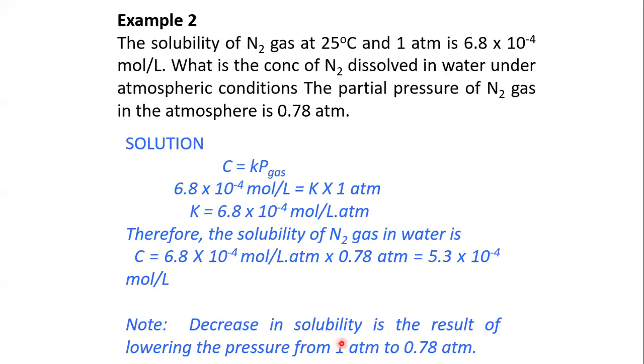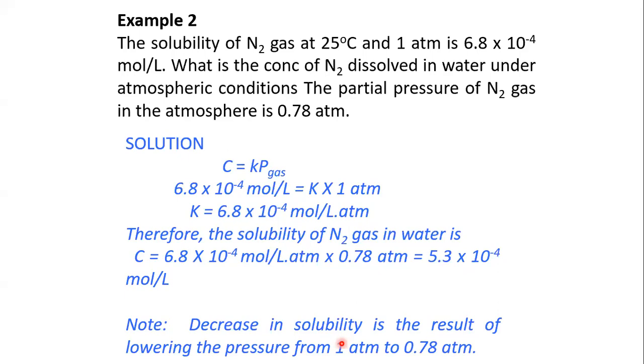The solubility of nitrogen gas at 25 degrees Celsius and 1 atmosphere is 6.8 times 10 raised to power minus 4 mole per liter.